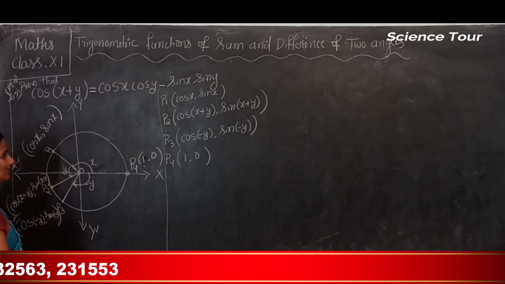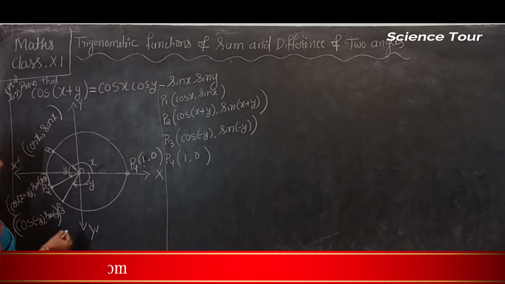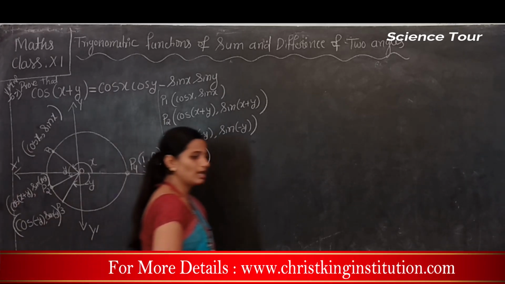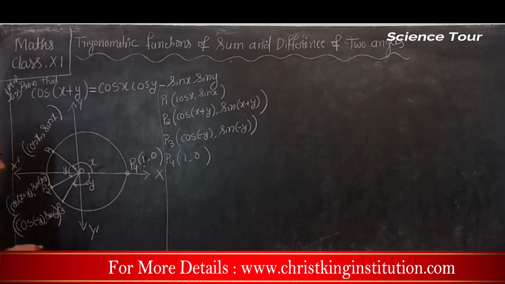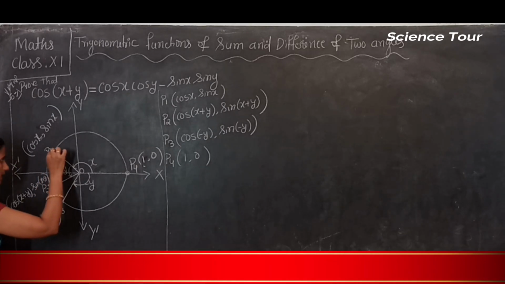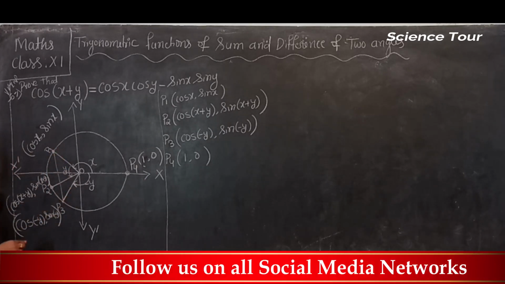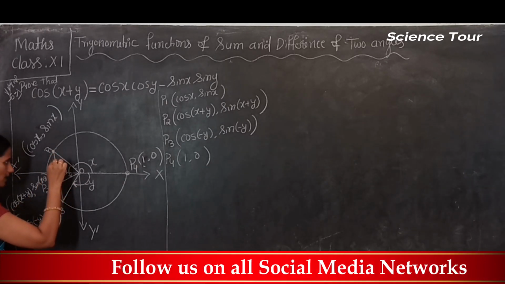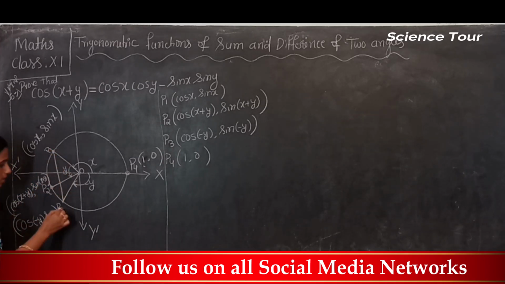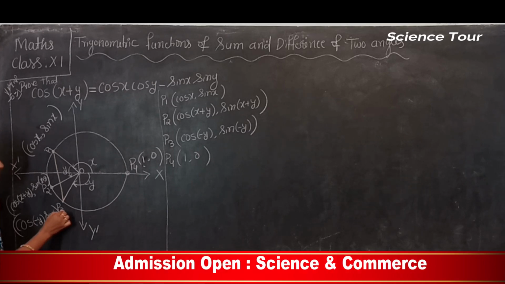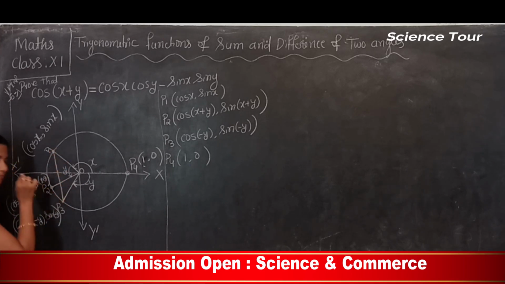Now in this figure, be careful. I'll join P1 and P3. Clear? This P1 and P3 I am joining. Odd number P1, odd number P3. Remember, don't join P1 and P2. So join the odd numbers, that is P1 and P3.